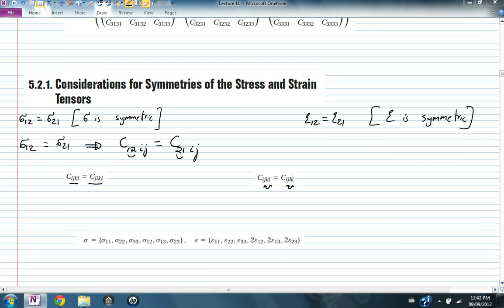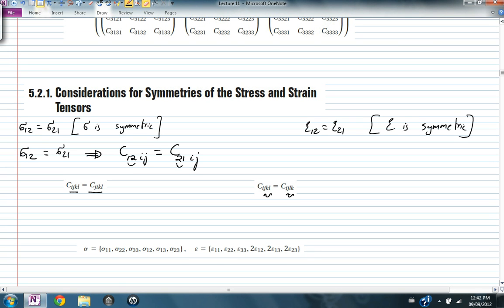So because of the symmetry of both the stress and the strain tensors, we are able to simplify the relationship between the stress and the strain.